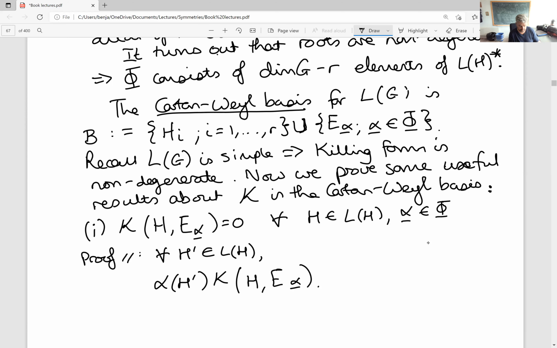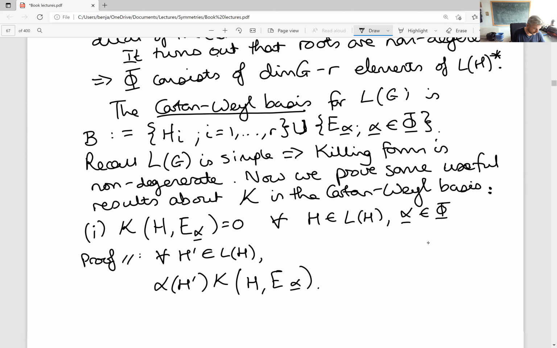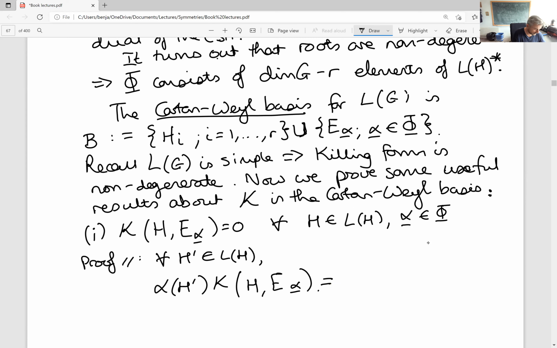Well, we know that this Killing form is bilinear, so it's proportional to H. And because of equation star, we know that α(H') E^α is equivalent to the commutator of H' and E^α. So this is star that tells us this.